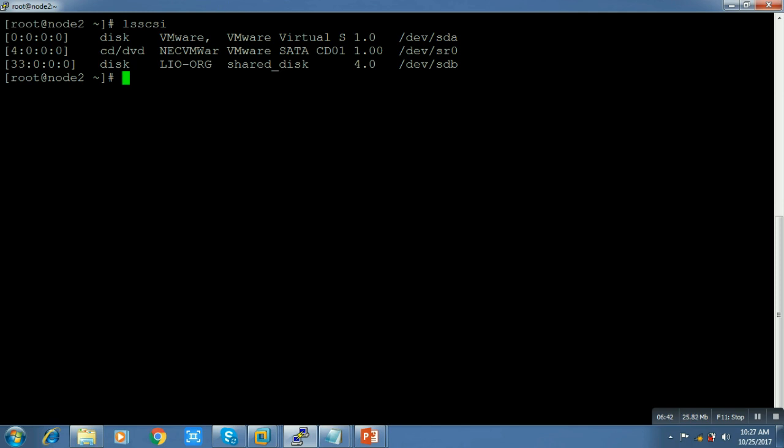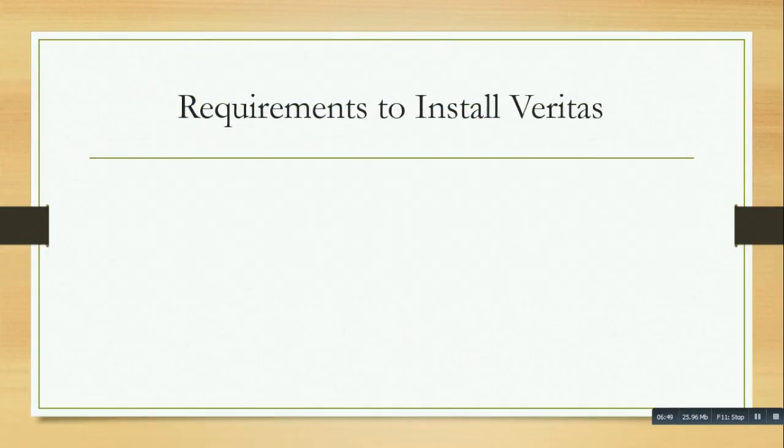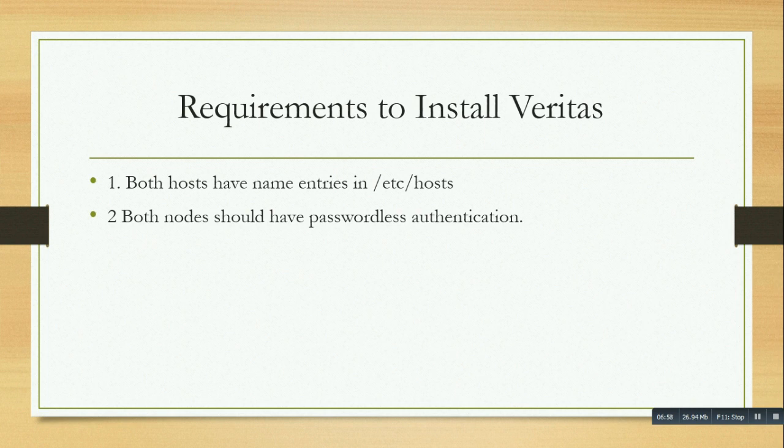Requirements to install the Veritas cluster. Both hosts should have name entries in the /etc/hosts file, so that they can communicate with the IP address and with the name also. Both nodes should have passwordless authentication. VMware Tools should be installed.